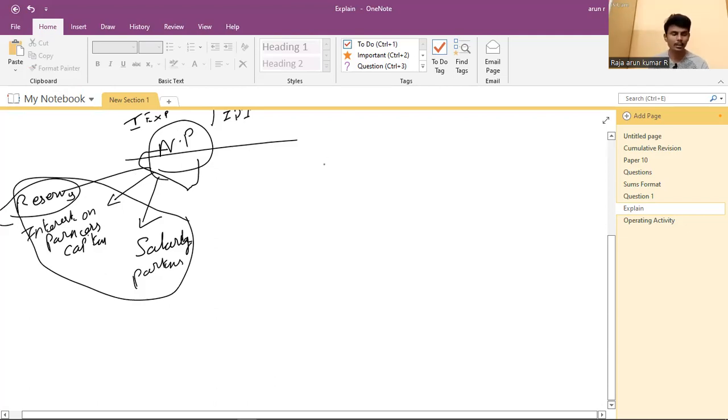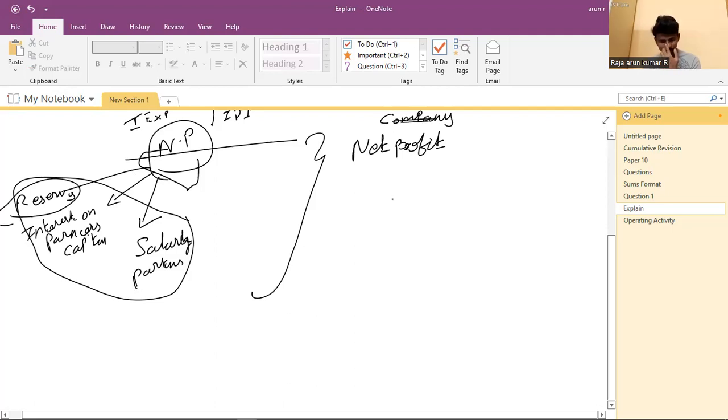In the company, on the other hand, the same net profit is divided into some other heads also.